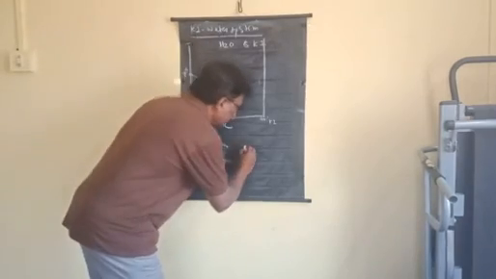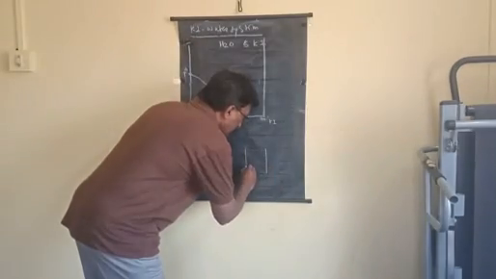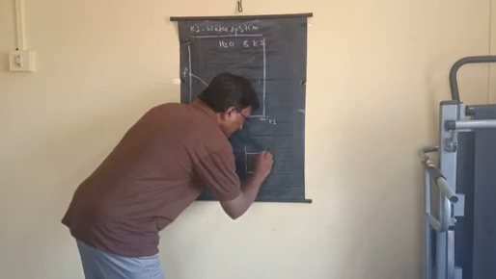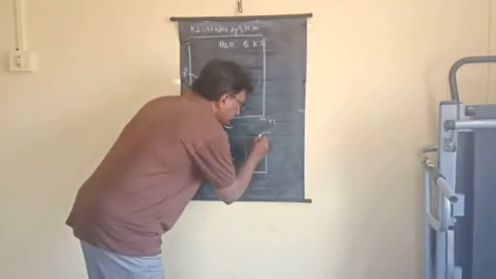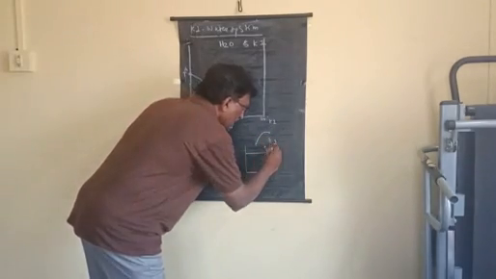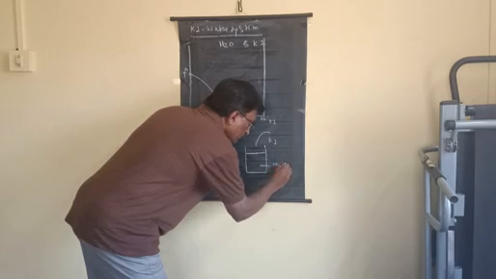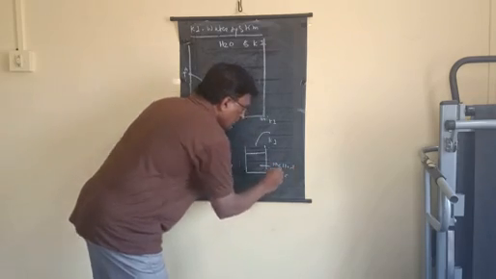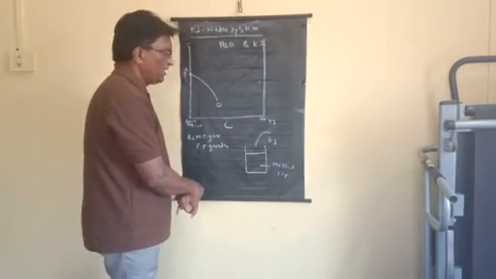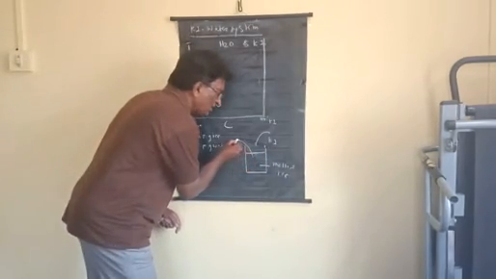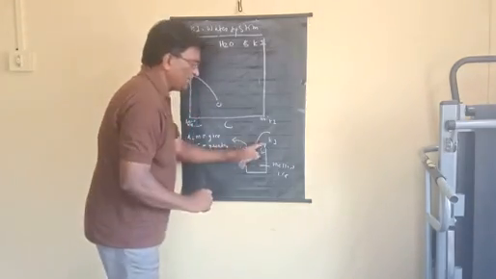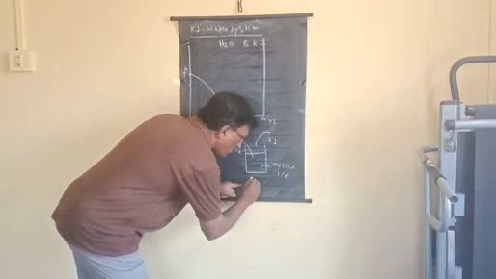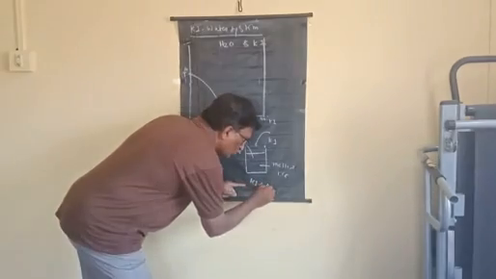Now suppose we have melted mass of ice here, and if we add KI, then what will happen? Ice will separate out, and this KI will pass into solution to form KI solution.